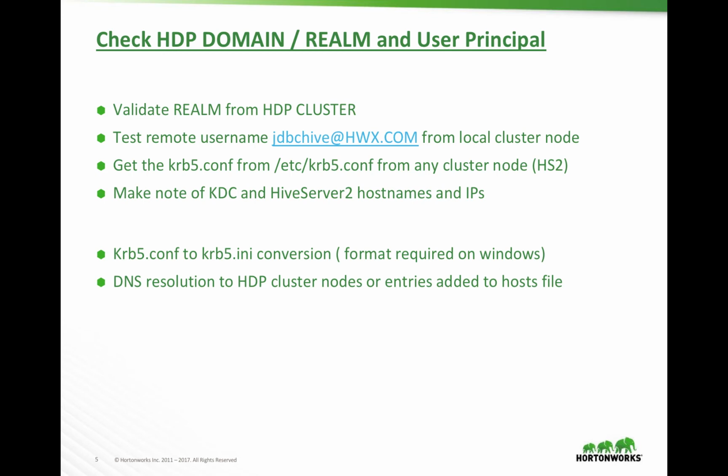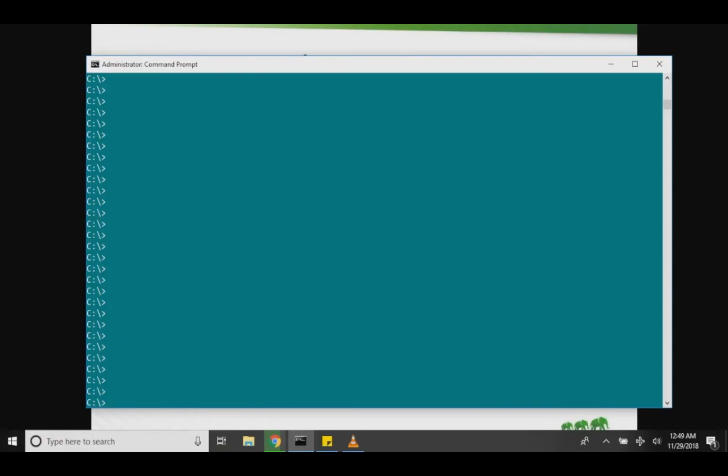Next step will be to get the krb5.conf, which is the Kerberos setup file, from one of the nodes on the cluster to the Windows box. For that, you can use WinSCP or PuTTY SCP command line, which I'm using in this case. So I'm adding the username at host, and then under the etc folder, you will find a krb5.conf file on any of the nodes of the cluster.